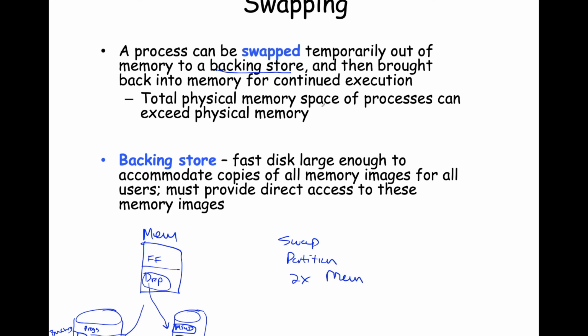And so swapping is the use of a special part of disk called the backing store to temporarily store the process form of your program, the executable form, on disk, because they can't all fit into memory. So once Dropbox is swapped out, then Word is run for a little bit. Word might be swapped out, and Dropbox is swapped and loaded back into memory.